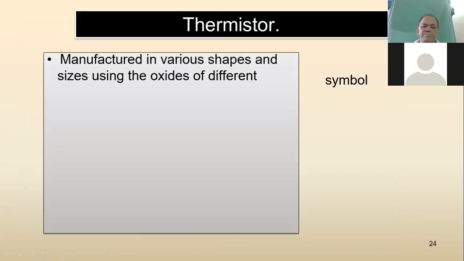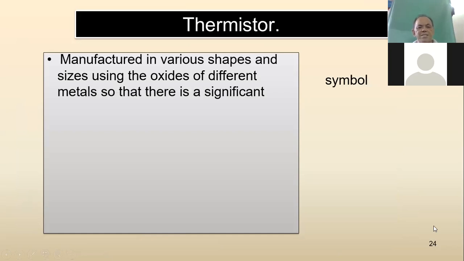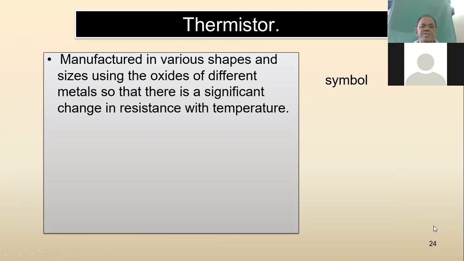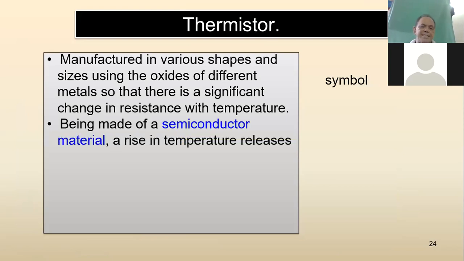It can be manufactured in various shapes and sizes using oxides of different metals, so there is a significant change in resistance with temperature. It's made of semiconductor material.